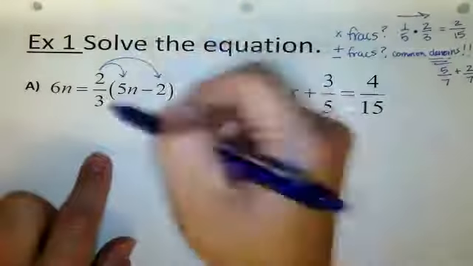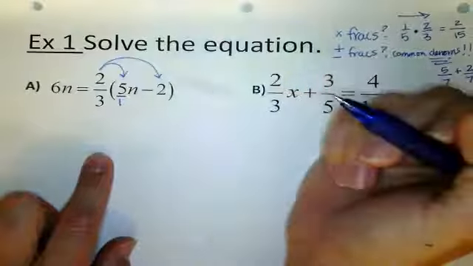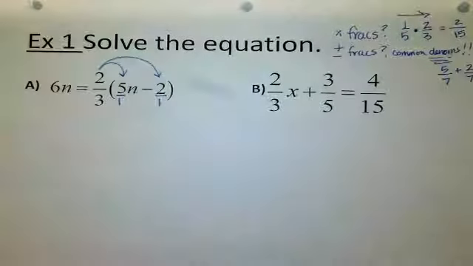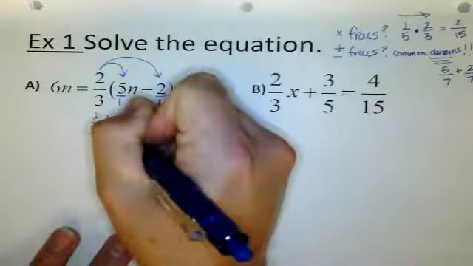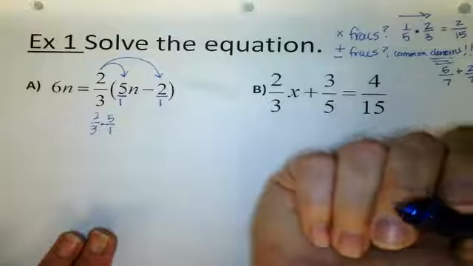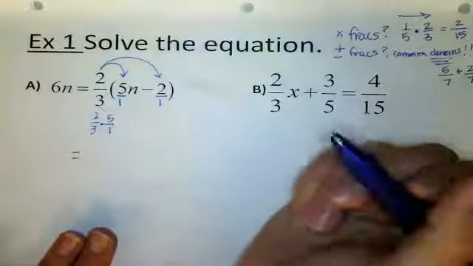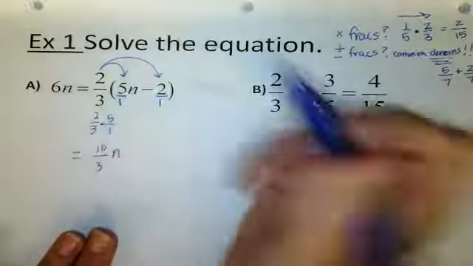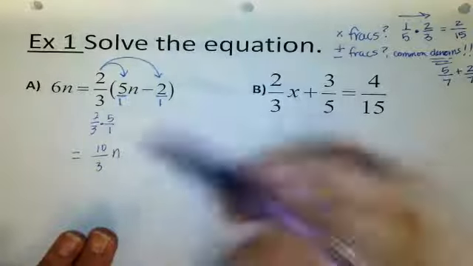Since I have a fraction, I'm going to change 5 into 5/1 and 2 into 2/1 because I want to multiply fractions straight across. What is 2/3 times 5/1? 10/3 straight across. 2 times 5 is 10, 3 times 1 is 3, with an n.